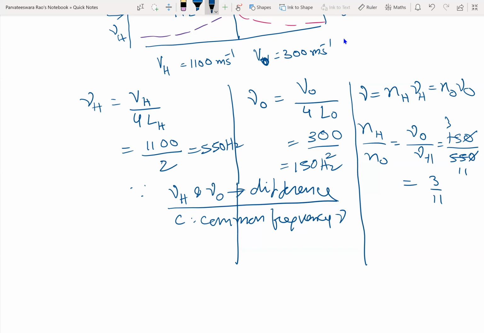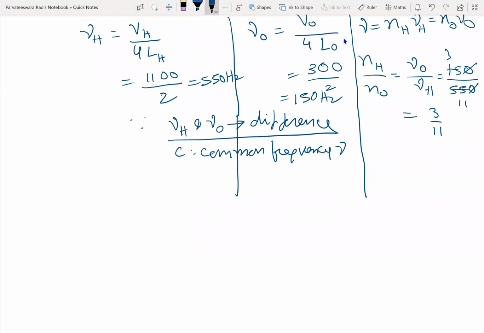This means NH corresponds to 3 and N naught corresponds to 11. So from this, the third harmonic of hydrogen will coincide with the 11th harmonic of oxygen.